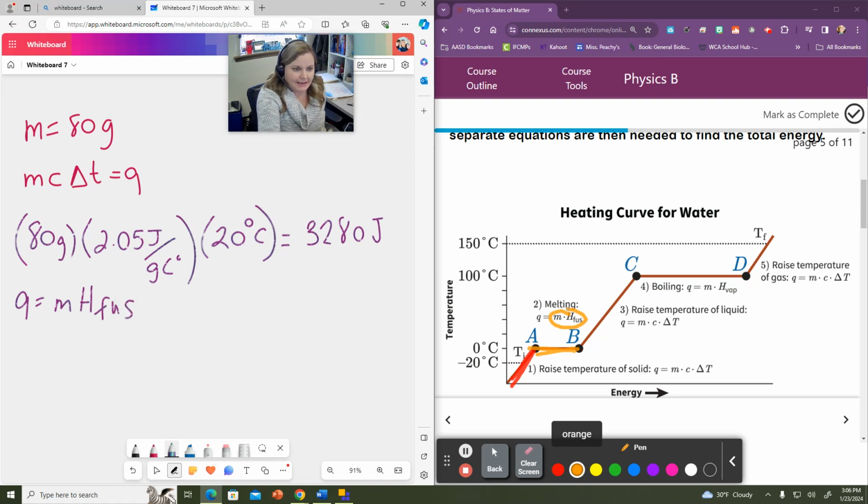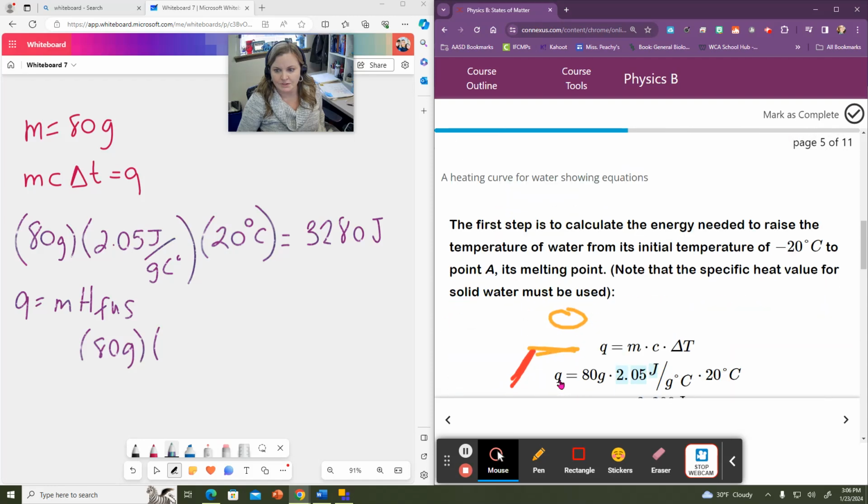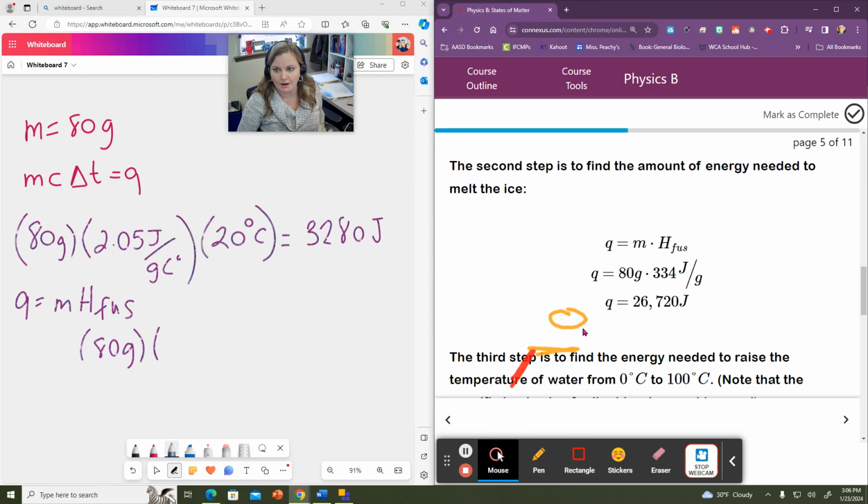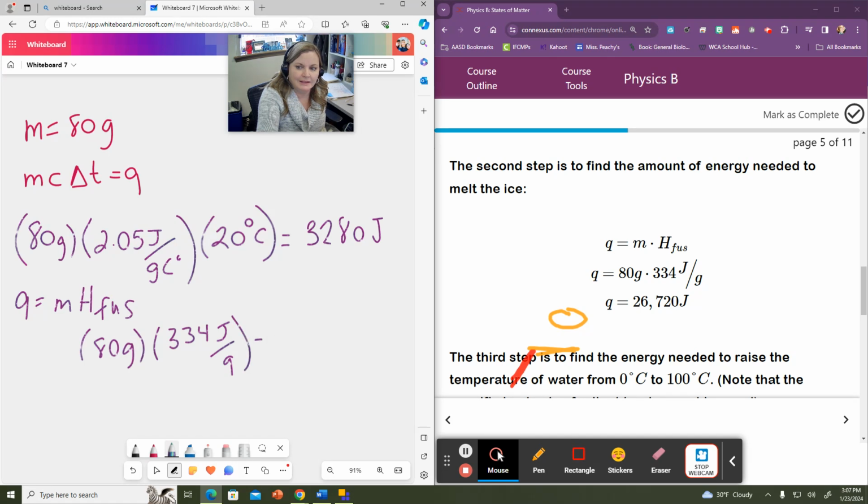M again is 80, and the heat of fusion was that 334 joules per gram. And that is equal to 26,720.